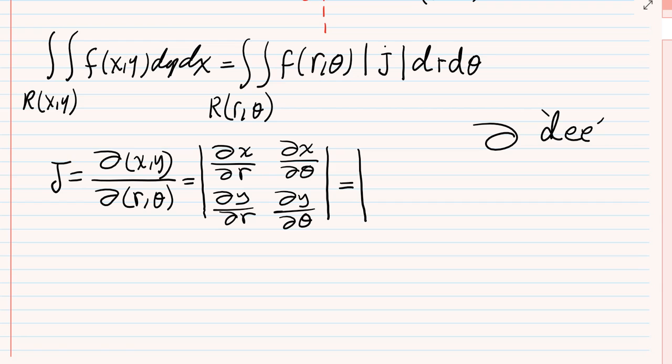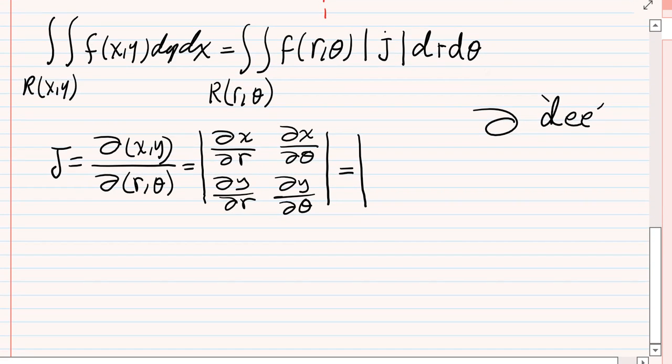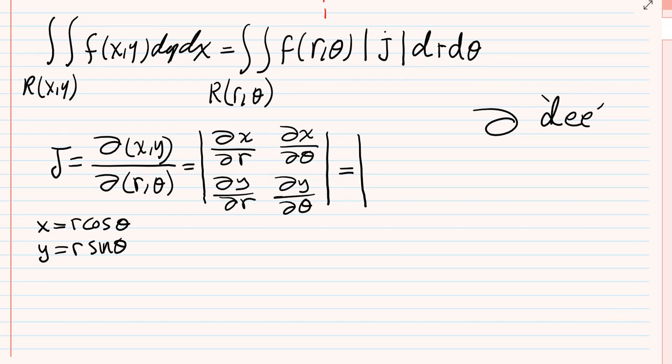Now, the partial derivative of x, remember x is r cosine theta, and y was r sine theta. So when we take the partial of x with respect to r, we simply have cosine theta.